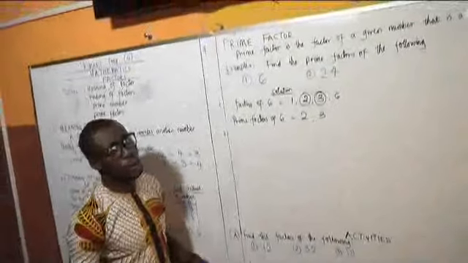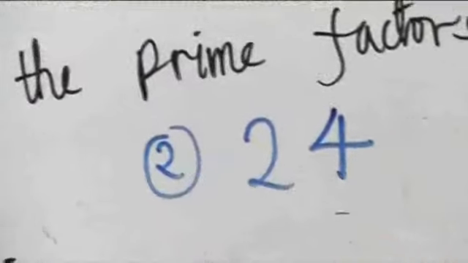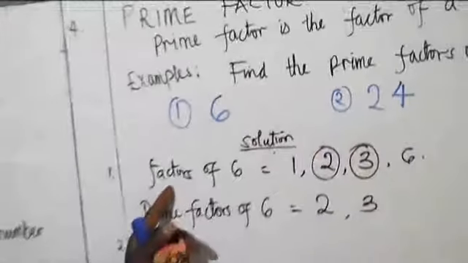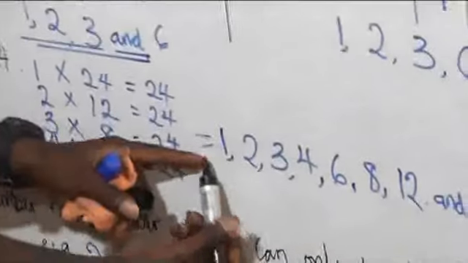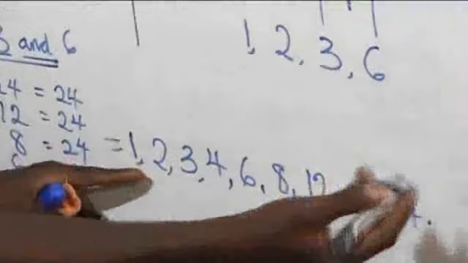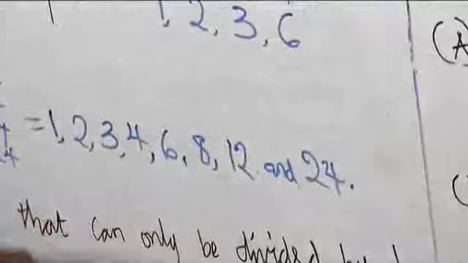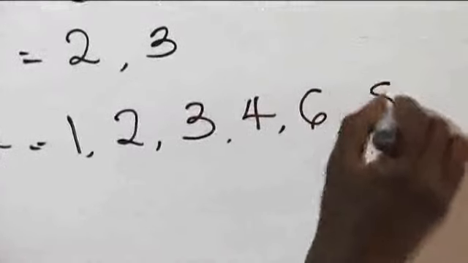Now let's move to the second question, which is finding the prime factors of 24. When you want to find the prime factors of 24, following the same example we solved earlier, we have the list of the factors of 24, which are 1, 2, 3, 4, 6, 8, 12, and 24.